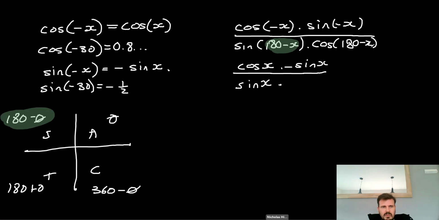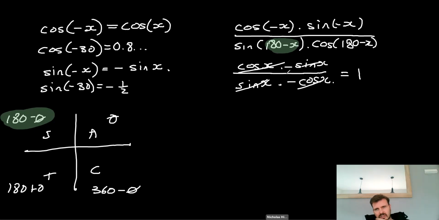And then cos 180 minus x, that's the same quadrant, but this time it's cos, but sine is the only thing that's positive. So we must have a minus cos x. And so we see cancel, cancel, cancel, cancel, but it's minus over minus, which is a plus. So we end up with 1.